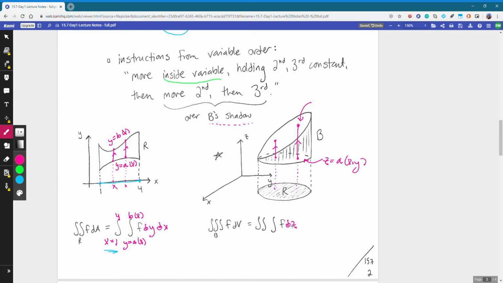And this top side, that's going to be the graph of some other function, say b of xy. And so down here, for our limits of integration for z, these are telling us as we move z, we're always going to start at our a of xy side, and we're going to stop at our b of xy side.